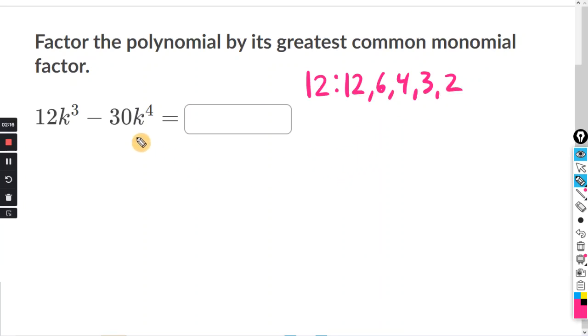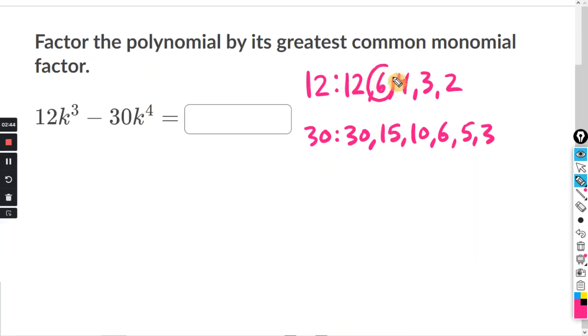And for 30, you start with 30, and there's 15, 10, 6, 5, and 3. You don't need to include 1 because we're not going to factor out a 1. So the greatest common factor between 12 and 30 is 6. So 6 is the first term we're going to factor out.